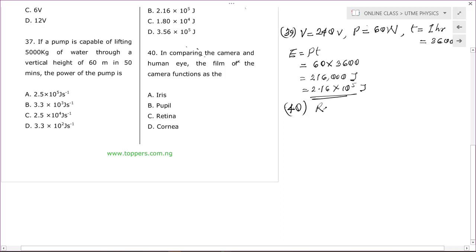That's the film in that place that gives us the image that we want. C is the final answer.